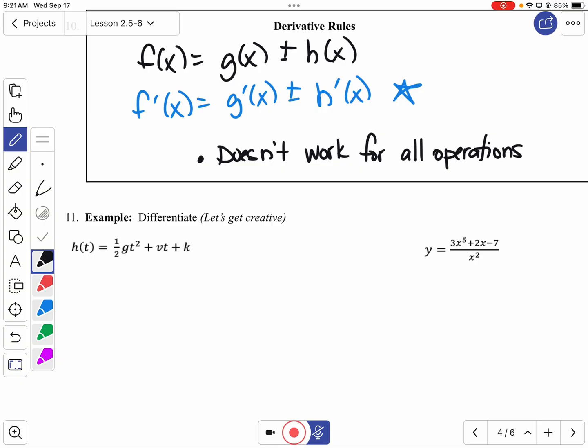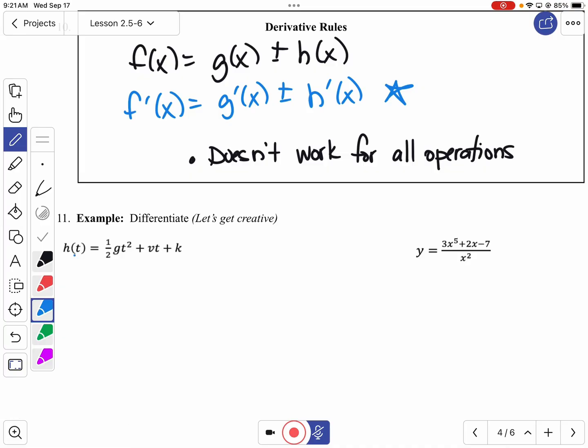So here's what we have to recognize. What is the variable we're actually taking the derivative of? T, so we're actually doing h prime of t. That means everything else we treat as a coefficient, as a number. T is the variable.